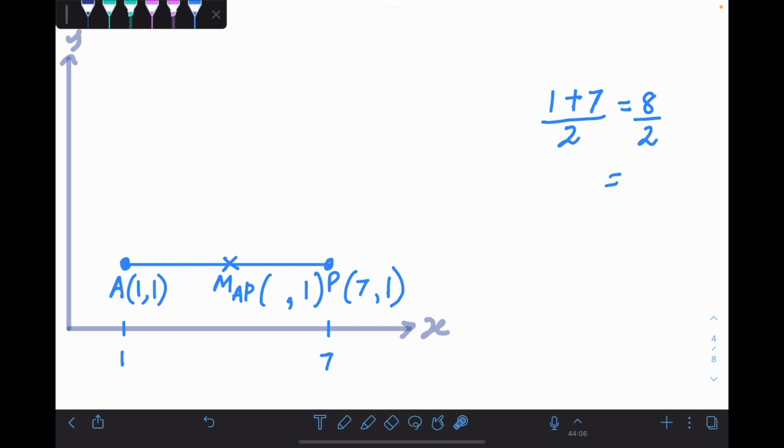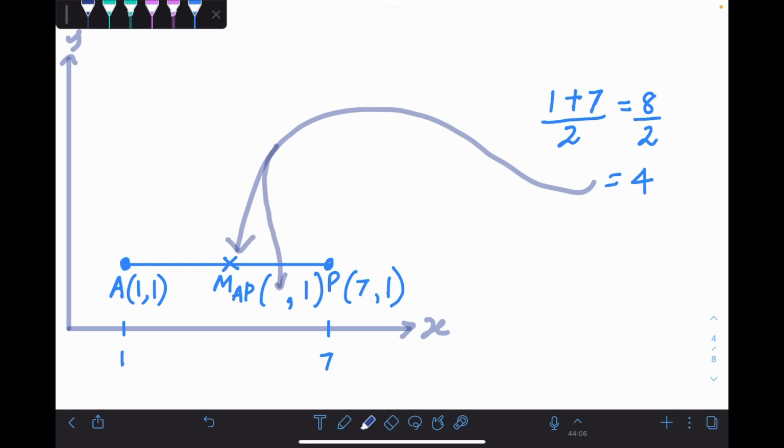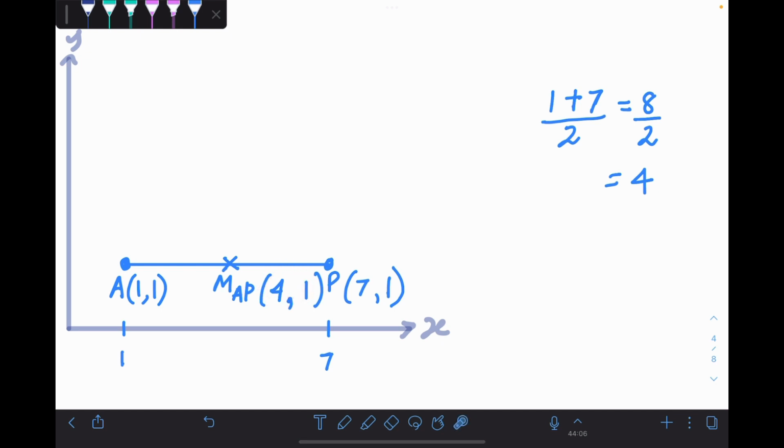Now I have 8 divided by 2, which is 4. Awesome. So I know that this here is equal to 4. This midpoint's coordinate points are 4 and 1. Okay, cool. That's our horizontal line.